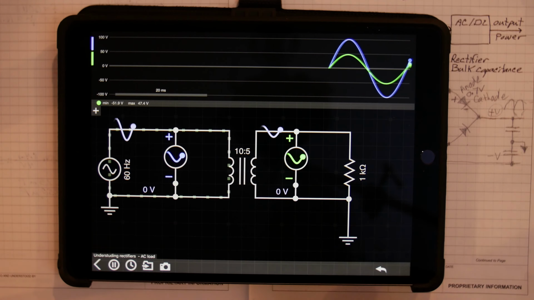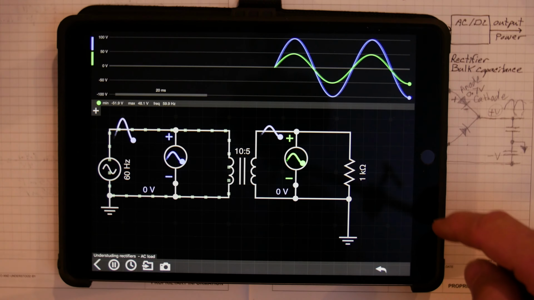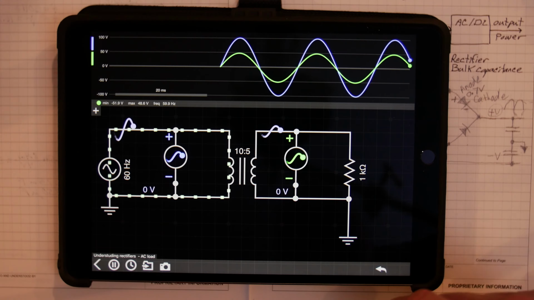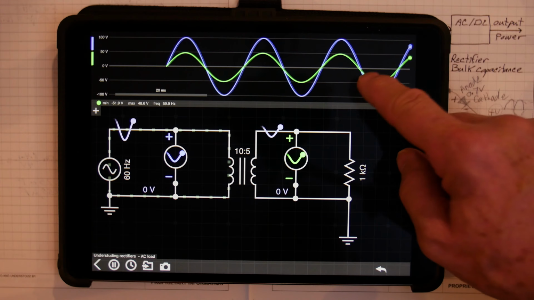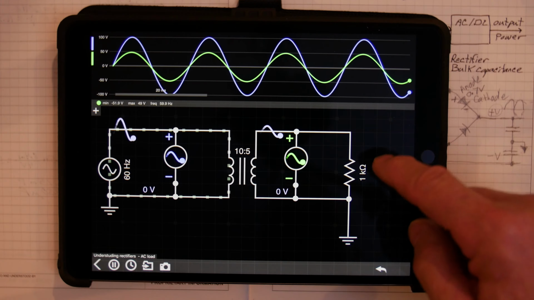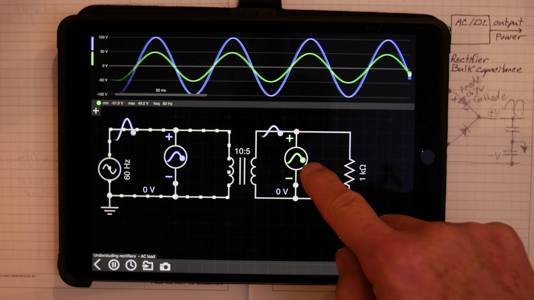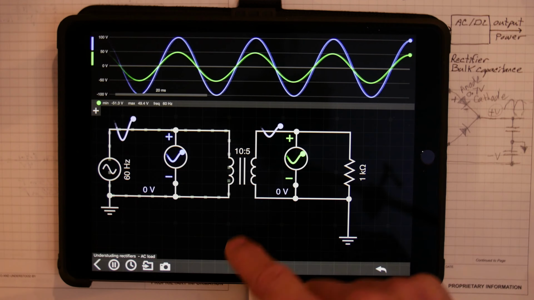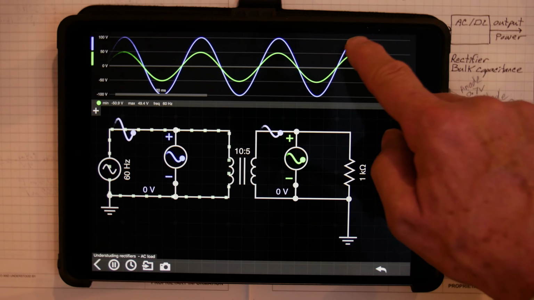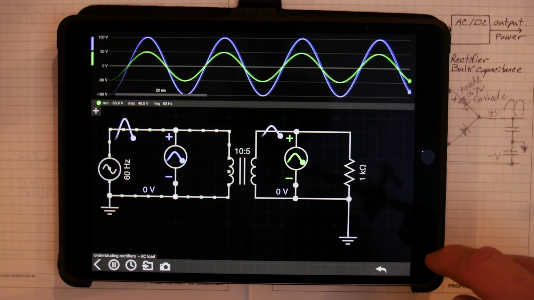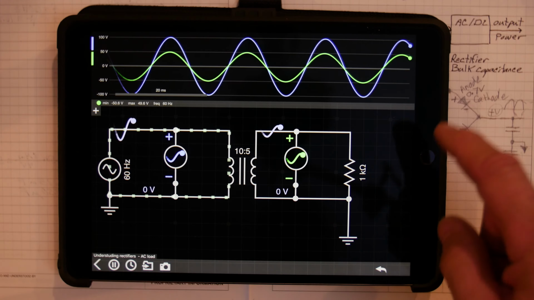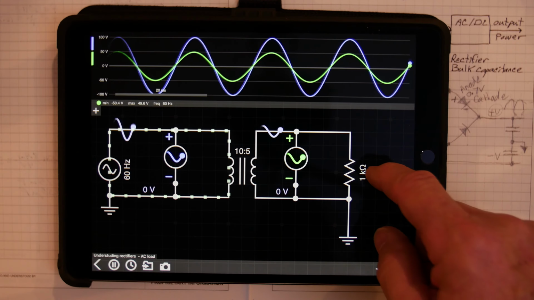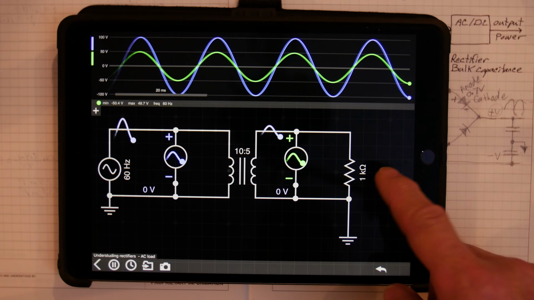Okay, so now they're both plus, so you see the waveforms are in the same phase. The green voltage being half the voltage as the blue one. The green voltage here, half the size of this blue voltage. And by the way, this is 60 Hertz we have here in the USA. So, okay, pretty simple, right?